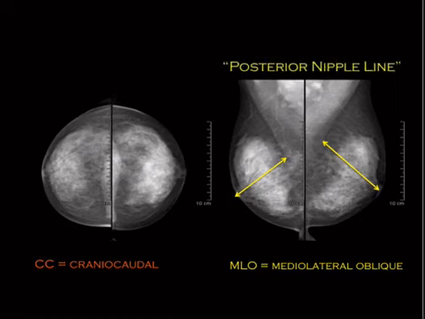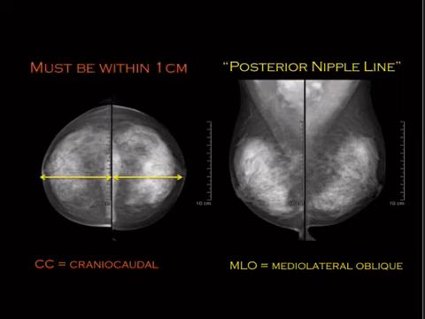Now that measurement there, you carry over onto your CC view, and it should be within a centimeter of the original measurement. And if it's not, then there's not enough breast tissue on the film, and you have to call it back for a technical repeat.